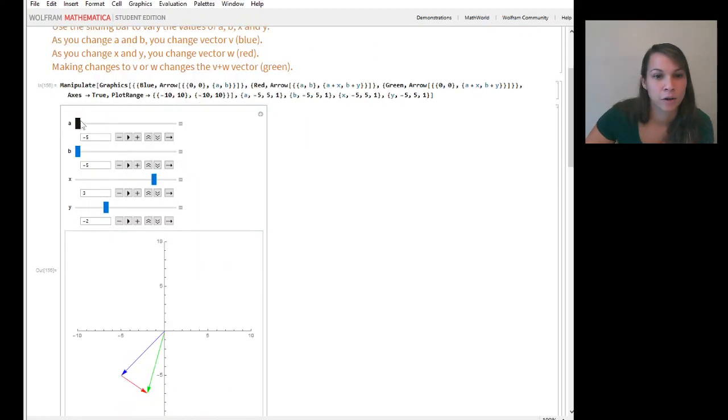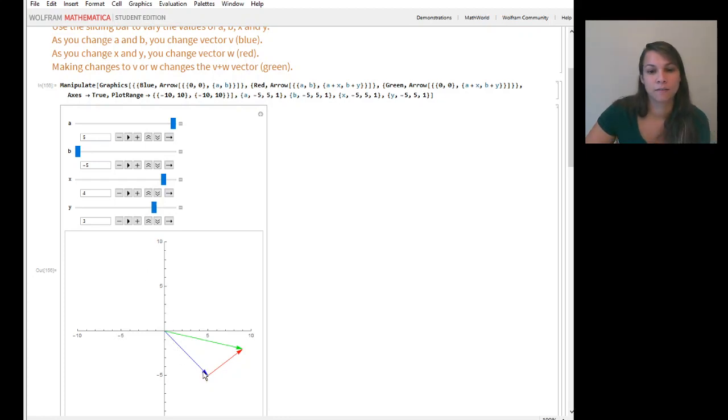So if we had vector 5, -5 as v, and then we wanted to add, we'll say, 4 and 3, what would that look like? Here you go. Here's your 5, -5 vector, and then plus 3, -4.